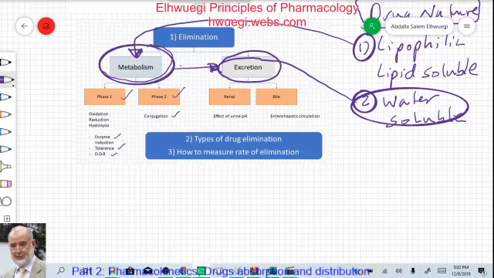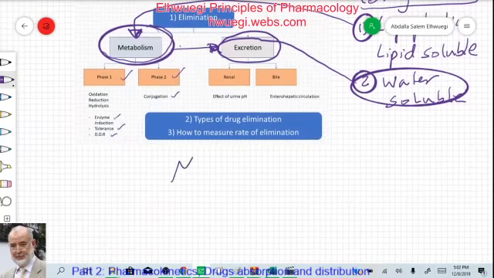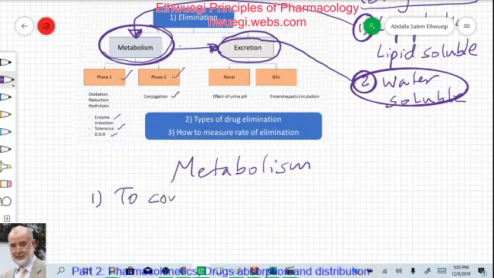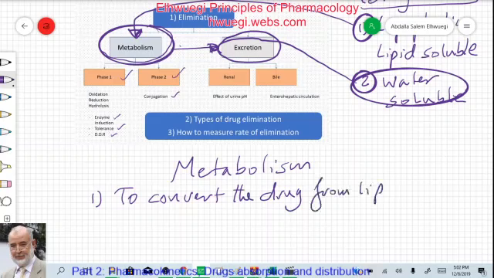First, we said the main function of metabolism is to convert the drug from lipid soluble, i.e. lipophilic, to water soluble molecule.